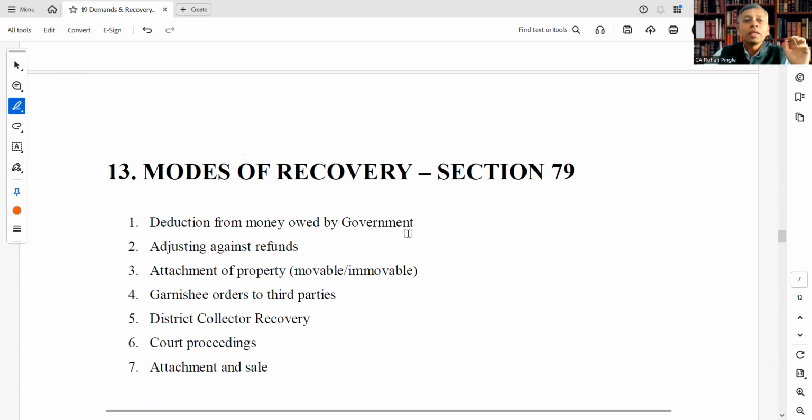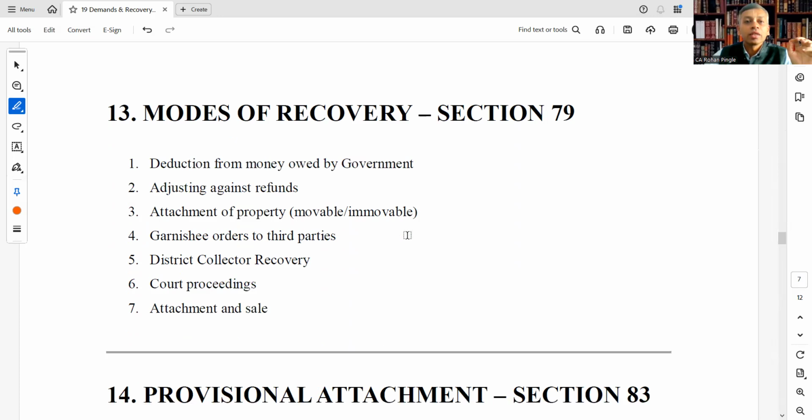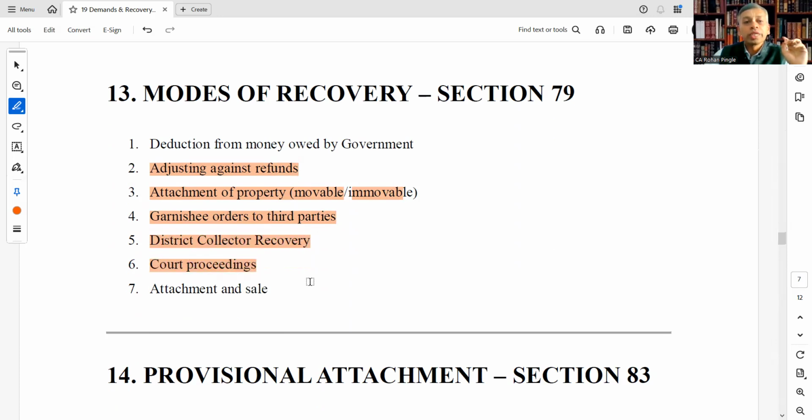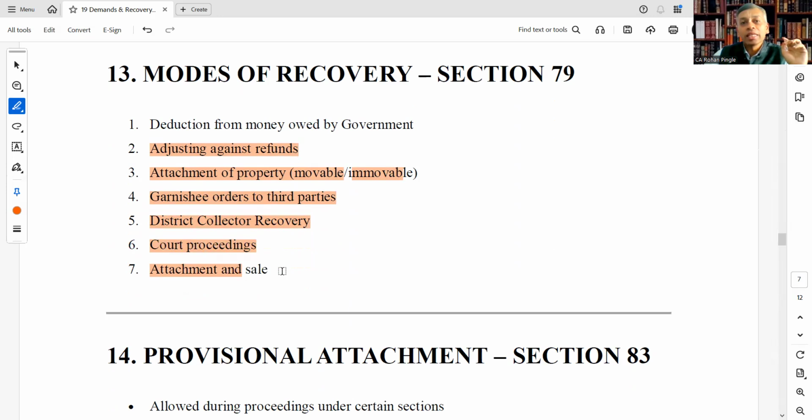Section 79. Deduction from money owed by government, adjustment against refunds, attachment of property movable or immovable, garnish orders to third parties, district collector recovery, court proceedings, attachment and sale.